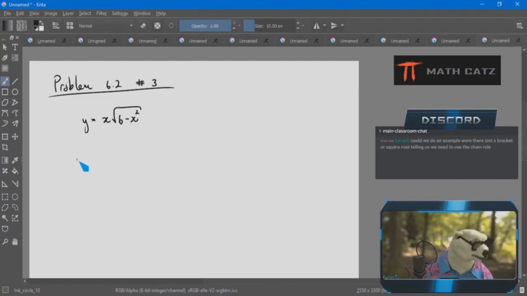Could we do an example where there isn't a bracket or a square root telling us we need to use the chain rule? Those are going to come in when we look at exponential functions, and we haven't done those yet. We need to add some new functions to our list of basic functions. They'll be the exponential functions. There you'll see there aren't really brackets. It's mainly those.